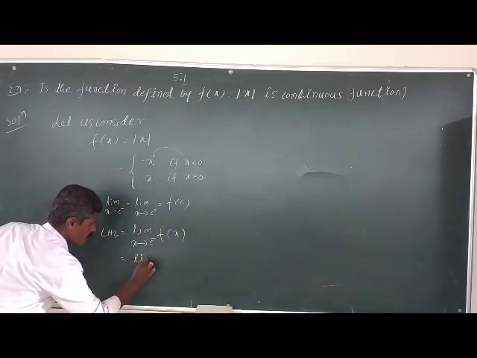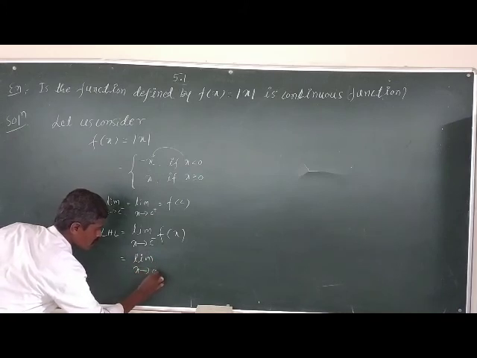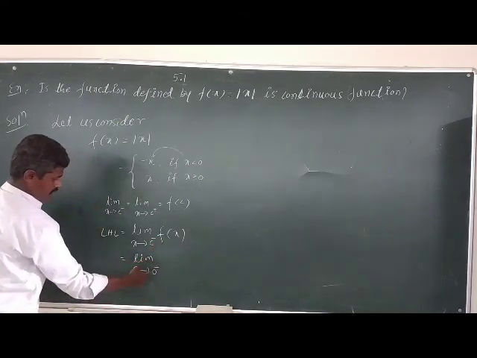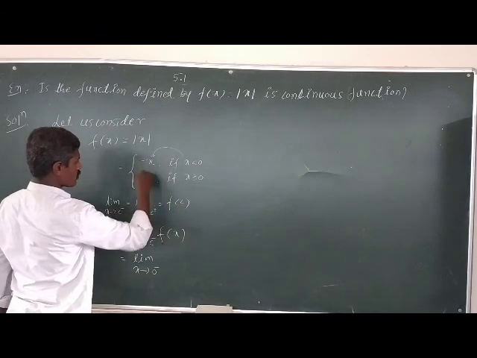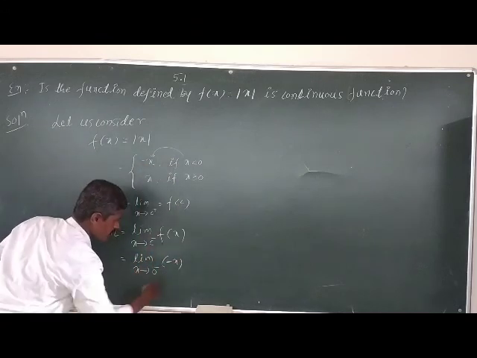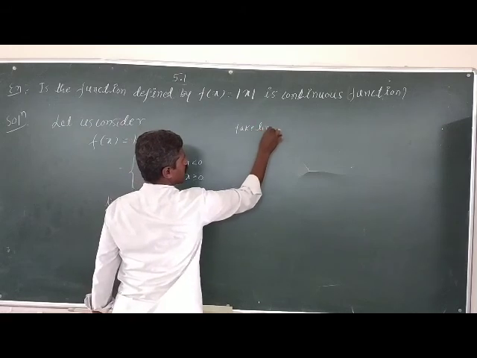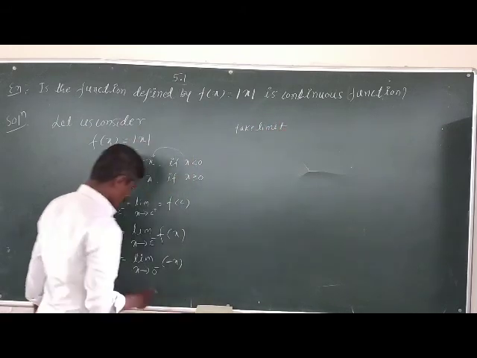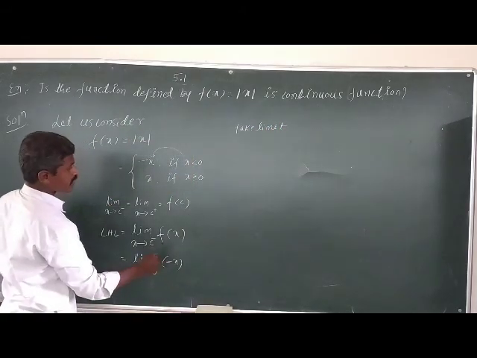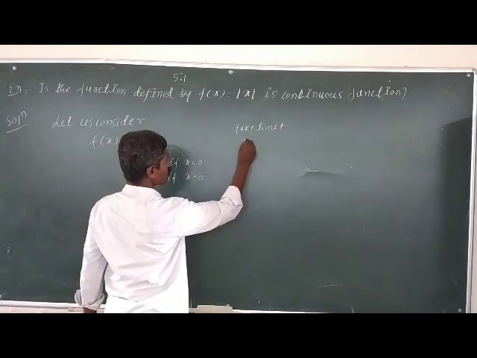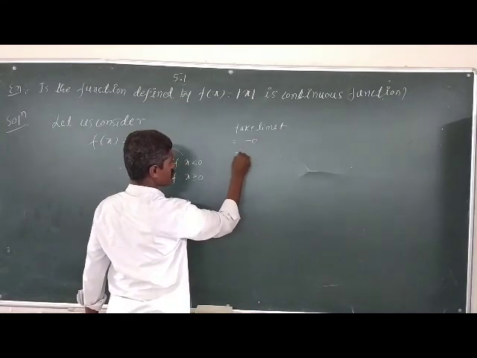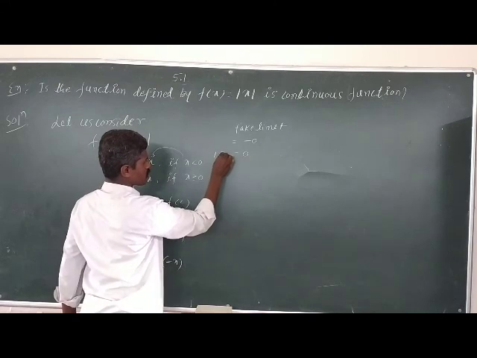Limit as x tends to 0 minus of minus x. Take the limit, put 0 in place of x, that is minus 0, that is 0. So LHL is equal to 0.